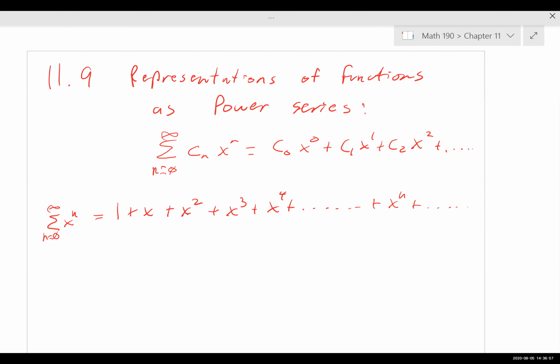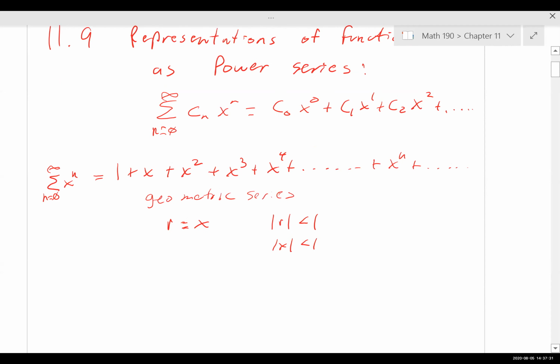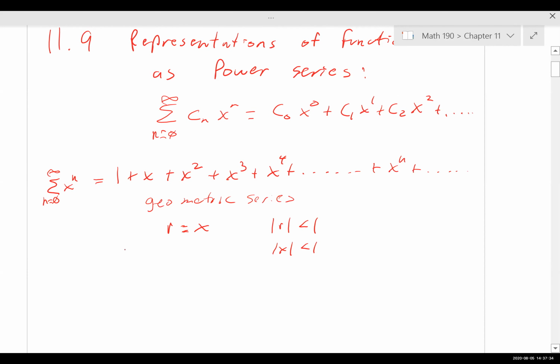Okay, so what is this thing? This thing itself is a geometric series, where the common ratio r is x. We just keep multiplying by x to get from the first term to the next term. As long as the absolute value of r is less than 1, or in this case, the absolute value of x is less than 1, as long as x is a fraction, then this thing will converge. And so what does this thing converge to?